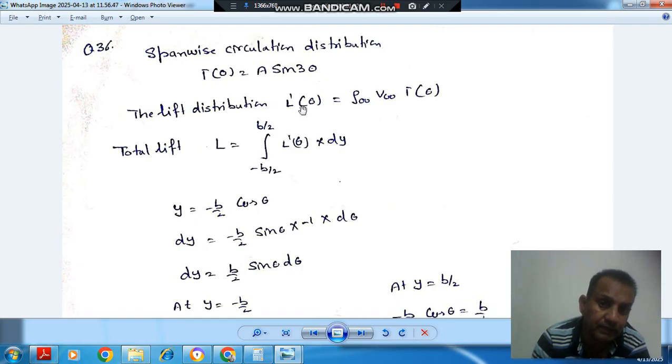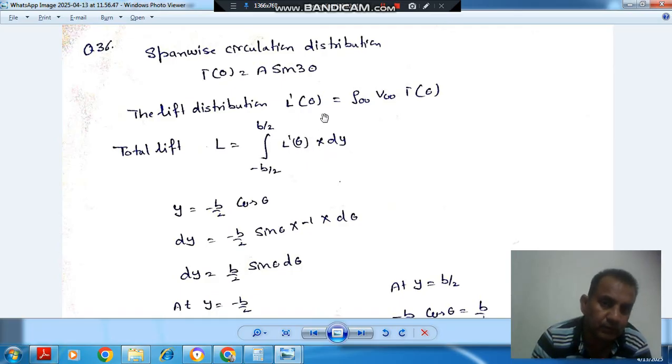The formula is L' = ρ∞ V∞ Γ, where ρ∞ is the free stream density, V∞ is velocity, and Γ(θ) is your circulation distribution. And total lift is the integration of L' dy within limits -b/2 to +b/2.